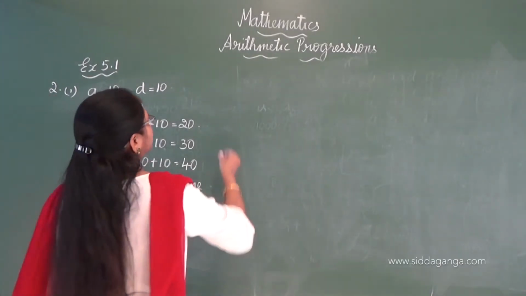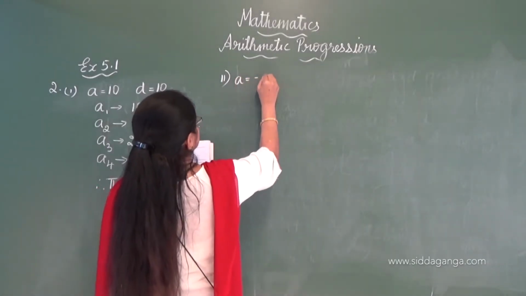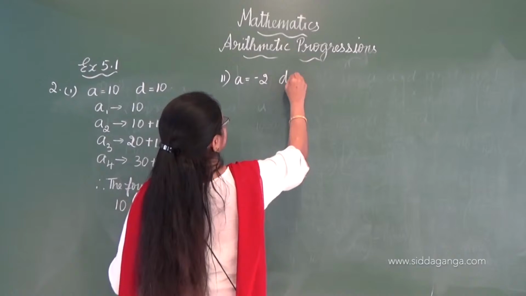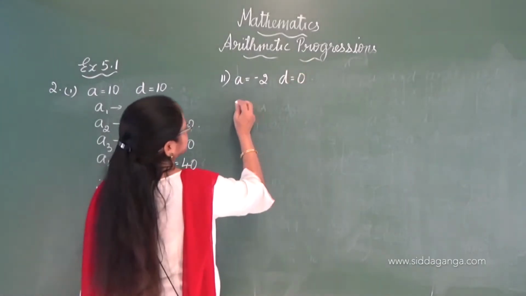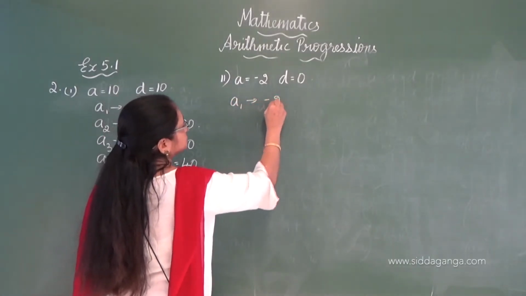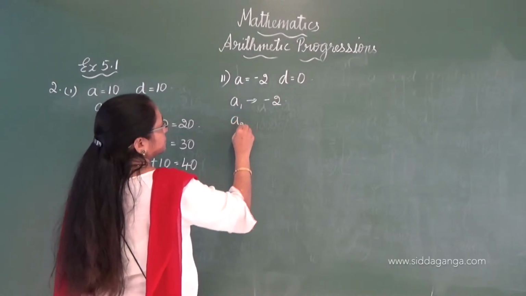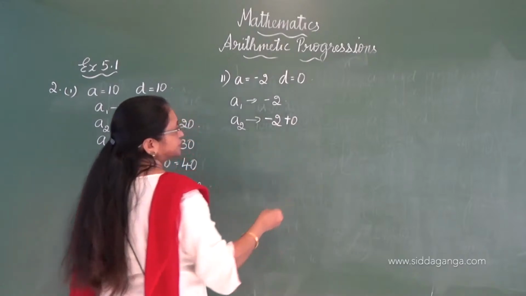So these are the 4 terms of an AP. Now the second one, A is equal to minus 2 and D is equal to 0. This is also a very simple sum. So A is minus 2. So the first term A1 is minus 2. Next term A2 will be minus 2 plus 0, common difference.